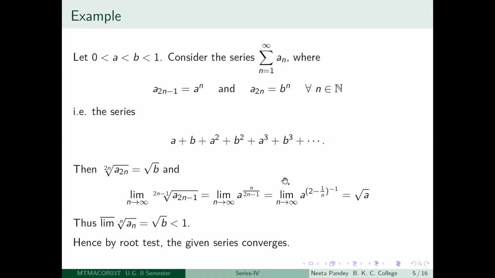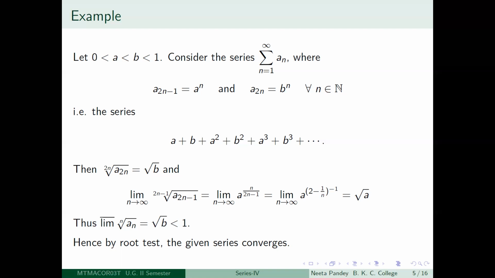Since you have been able to construct a partition of the original sequence into two subsequences which converge to two different limits, what you can conclude is that the only cluster points of this sequence nth root of an are these two points, square root of b and square root of a.